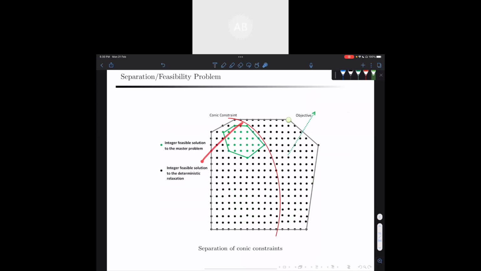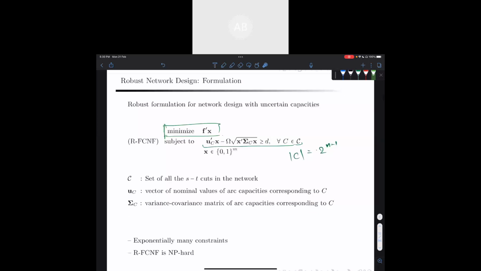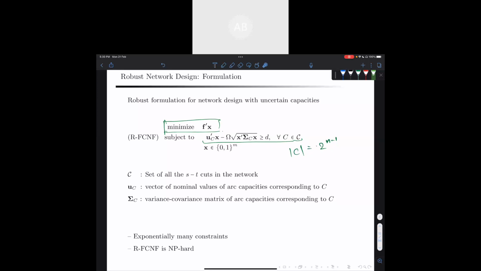So now your resulting feasible set would be this particular region, and these constraints will be then. So essentially, what you're doing is figuring out which constraints you need on the fly. So there you need a separation problem to figure out which constraints you really need on the fly.